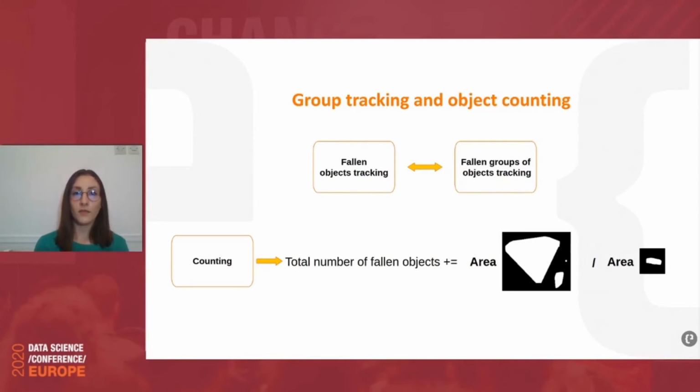But the main problem here is counting the number of objects in a group, because this number has to be somehow estimated. So we chose to estimate this number as the area of the blob that corresponds to a group divided by the area of a single object.